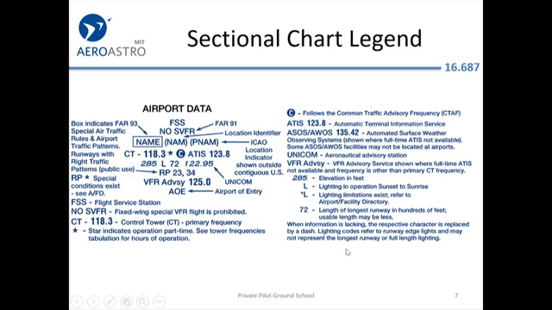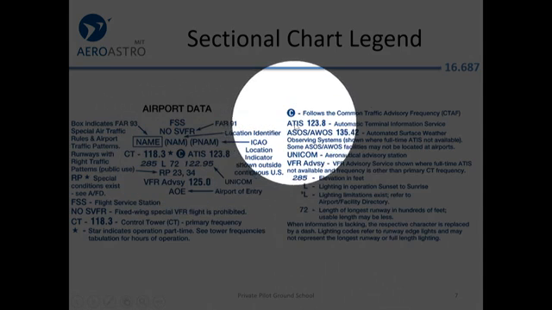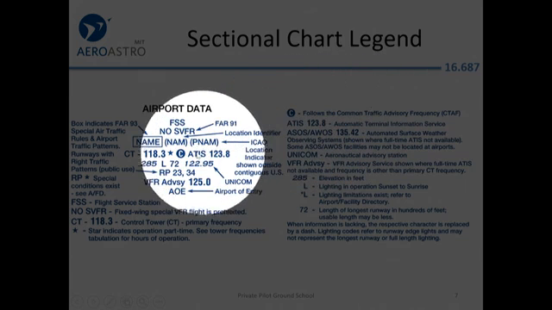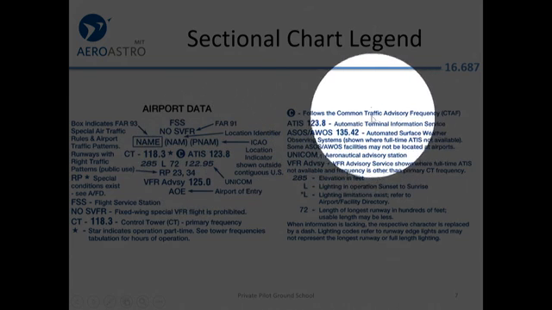So this is the chunk of text, numbers, and letters that you would see on a sectional chart. And then over here, it explains what they are, so you can see what each thing is. So ATIS over here is nicely defined so you don't have to memorize anything.